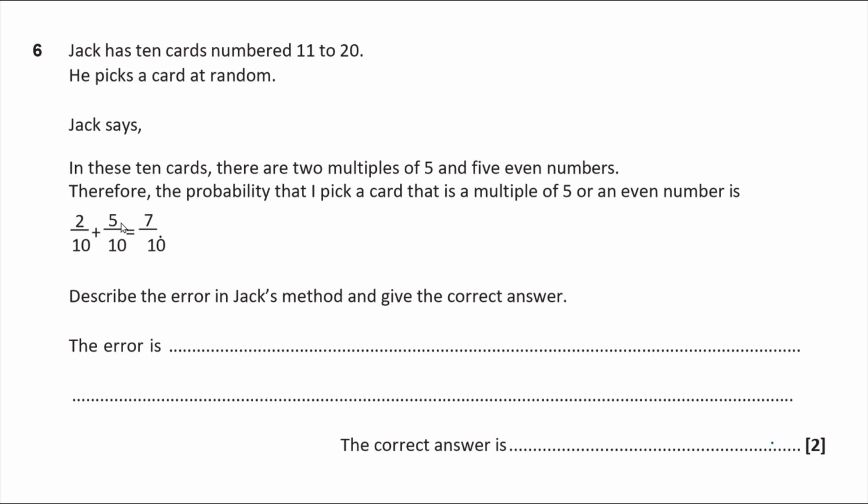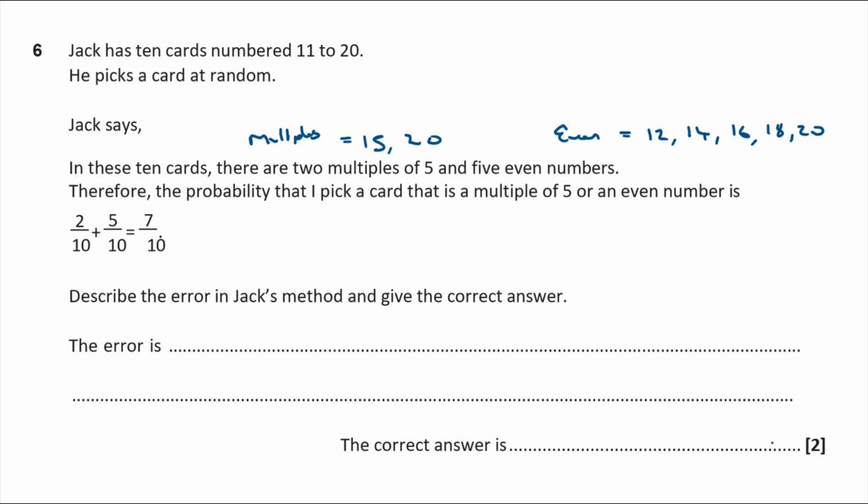Okay, well, I guess he's thinking there are 2 multiples of 5. There are 15 and 20 as the multiples. And the even numbers are going to be 12, 14, 16, 18, 20. So his 2 plus his 5 makes 7 out of 10.